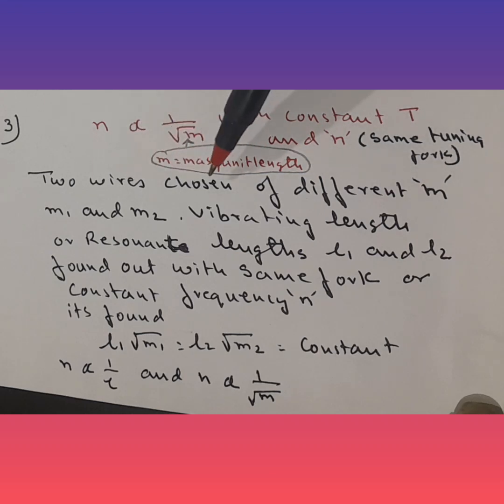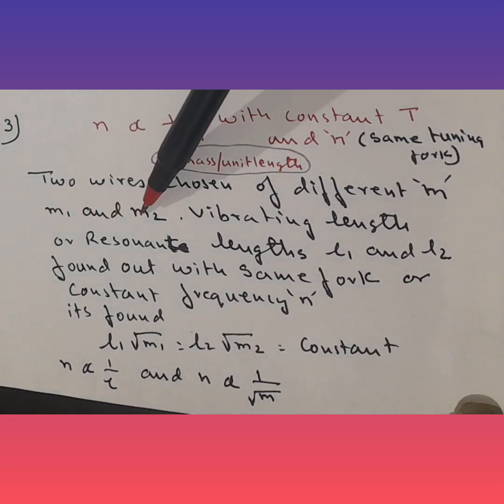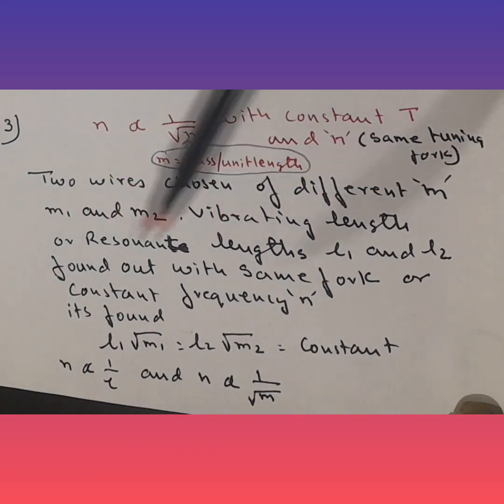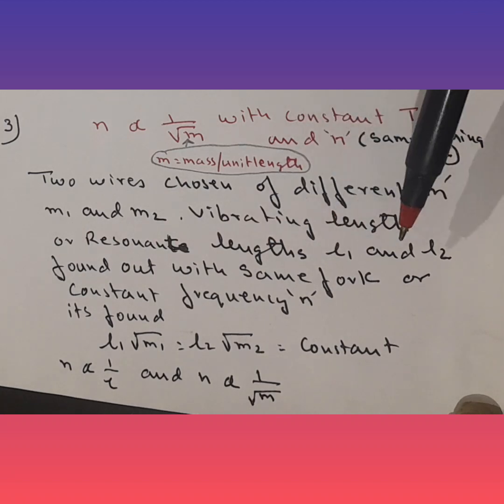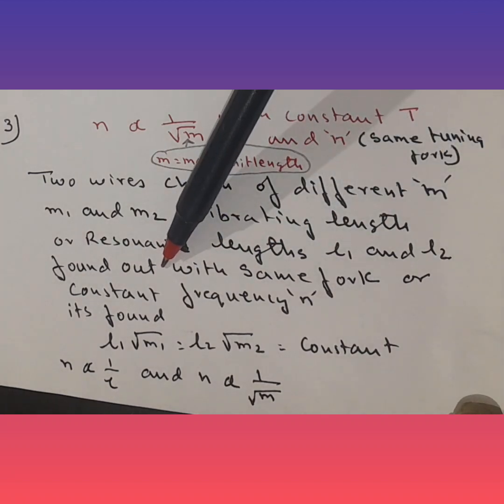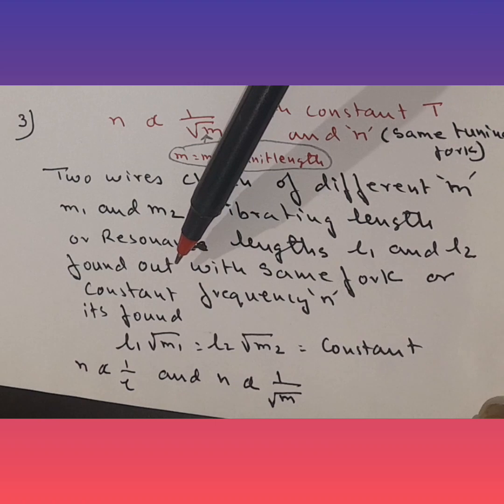So two wires are chosen of different mass per unit length, M1, M2, and the vibrating lengths, or the resonant lengths, L1 and L2, are found out. How? By the same resonance dropping off.